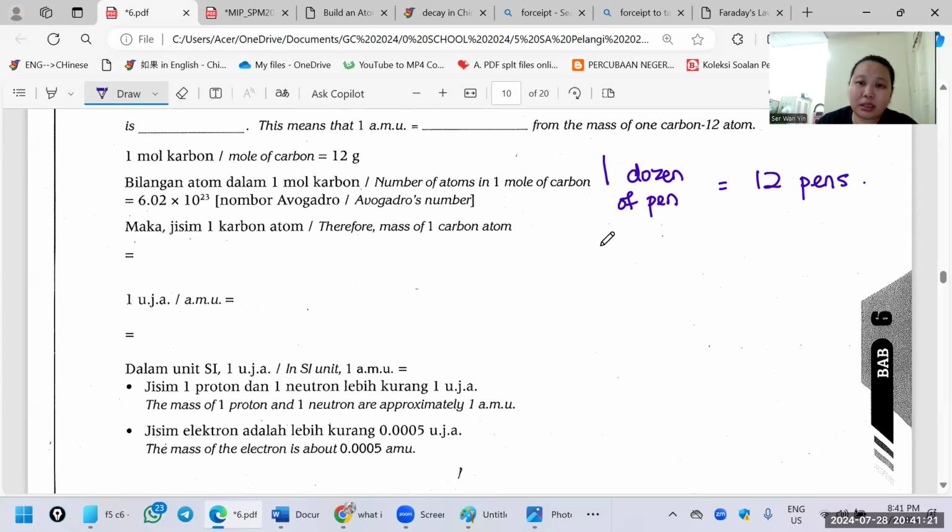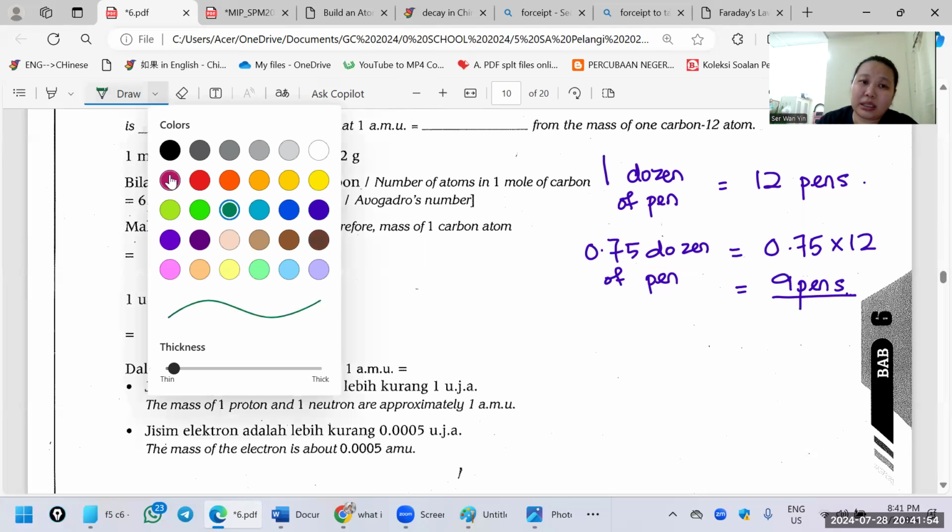Can you please tell me, 0.75 dozen of pens equals how many pens? 9, yes. I believe you will do this. 1 is 12, right? So this is 0.75 times 12, you will get 9 pens. Same thing.